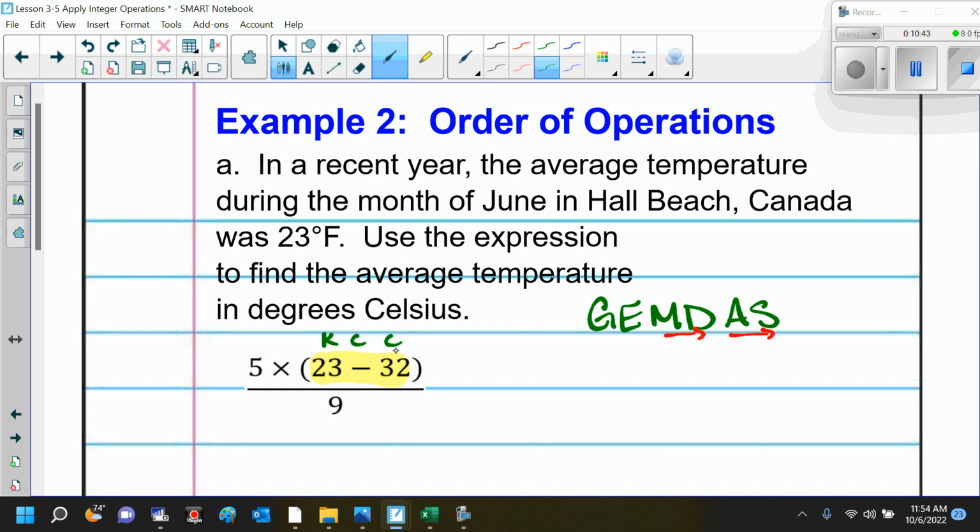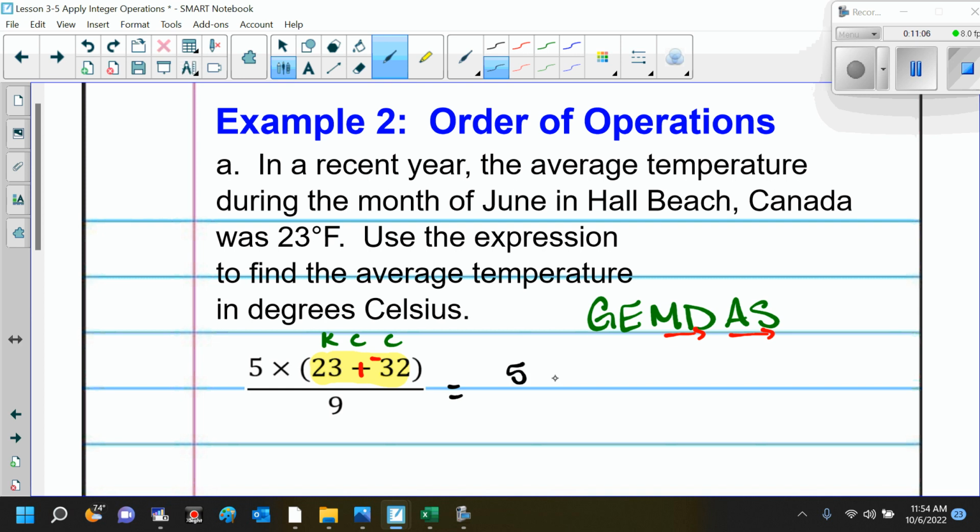Keep, change, change. So this is going to be 23 plus negative 32. Very good. What's 23 plus negative 32? Negative 9. Very good. So we rewrite.